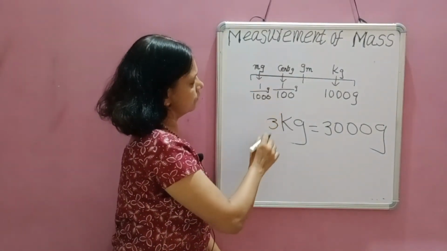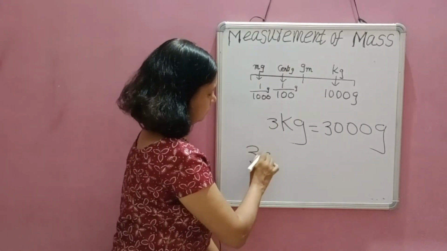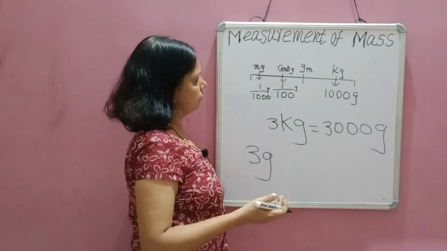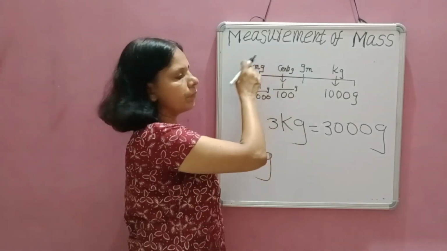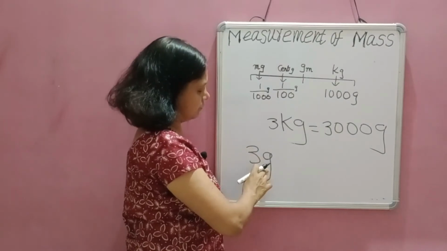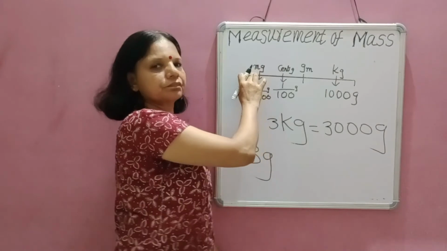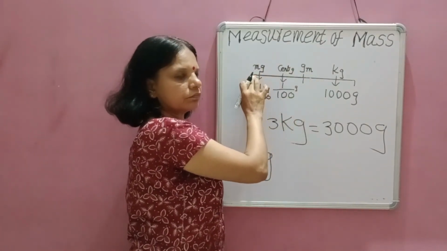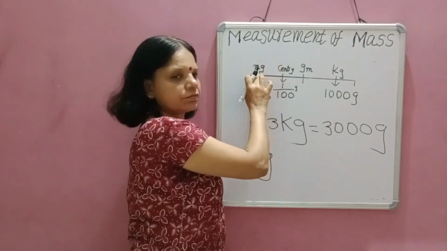Now, if it is 3 gram, how do you convert it into milligram? This is the bigger unit. What is the relation between gram and milligram? Which is smaller? Milligram is smaller.